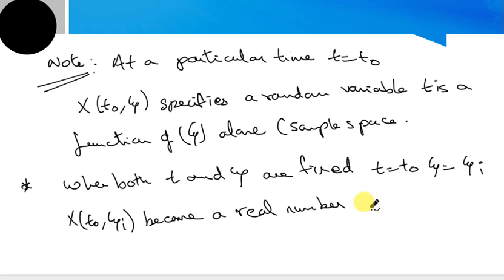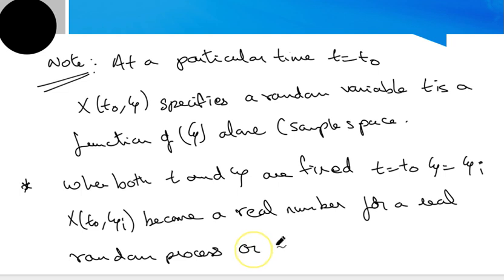It will become a real number for a real random process, or it would become a complex number for a complex process.